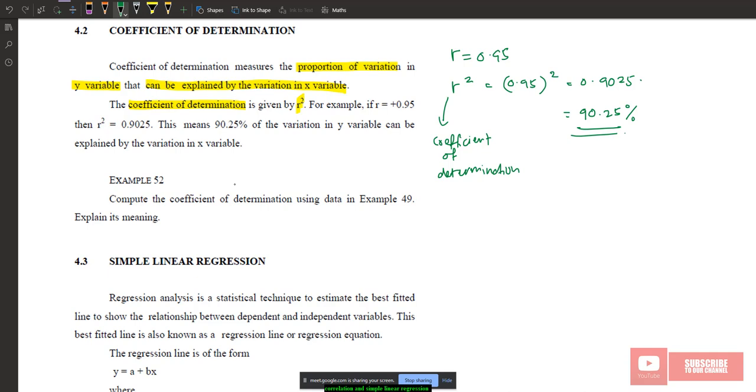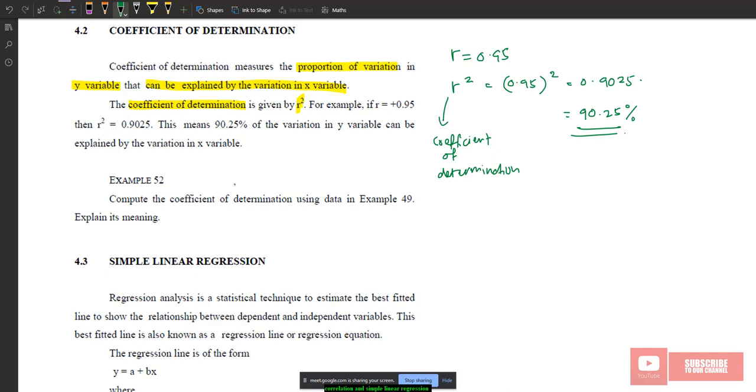So let's say the value of 90.25 represents the total variation that explains y.